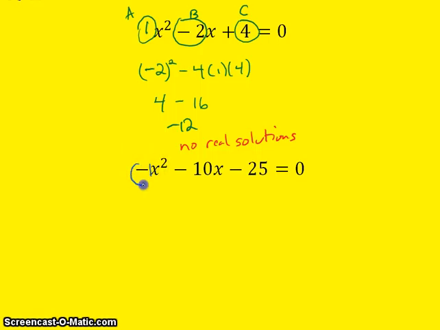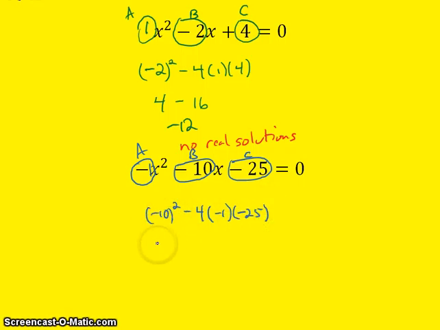In the next example, a is negative 1, b is negative 10, and c is negative 25. So we got negative 10, this is b squared, minus 4 times a times c.